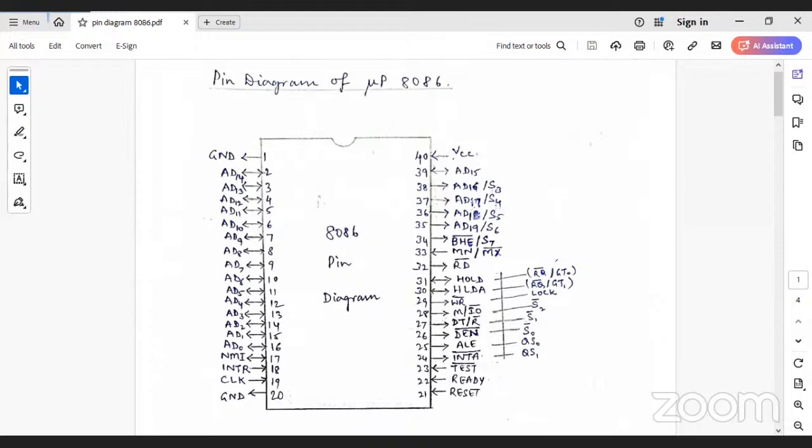Now similarly, maximum mode, you are having RQ/GT0, GT1. These are two different signals on par with your hold and hold acknowledge. So RQ is your request and GT is your grant bus access control.